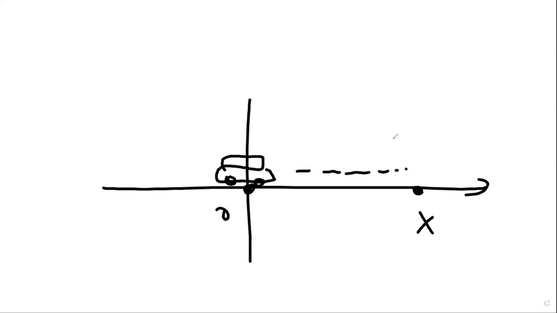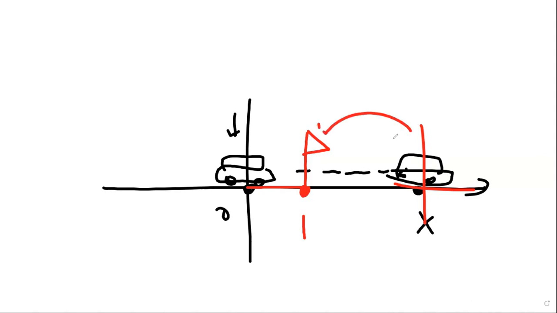So if your car is right here and you go to the X location and you look around, let's assume that here we have a flag at location 1. With respect to 0, it is location 1. But your car moved, which means your observation frame moved.